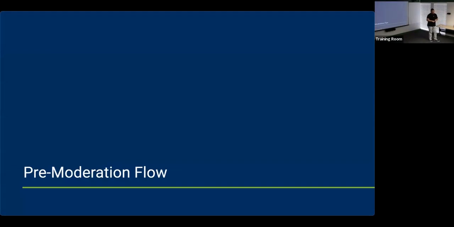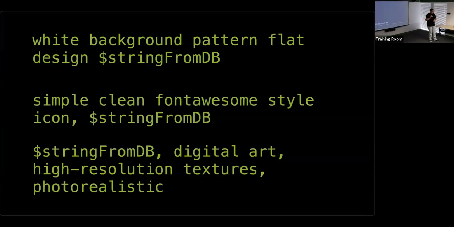Now, let's talk about that pre-moderation flow, because you can definitely get some really, really weird or bad output. And the reason you get that is because, generally speaking, you're going to take a prompt like "white background pattern flat design," and then you're going to take the content from the database and just add that in, like the name of the subject that the student is learning, or the name of the company, or the description of the company whose profile page you're working on.